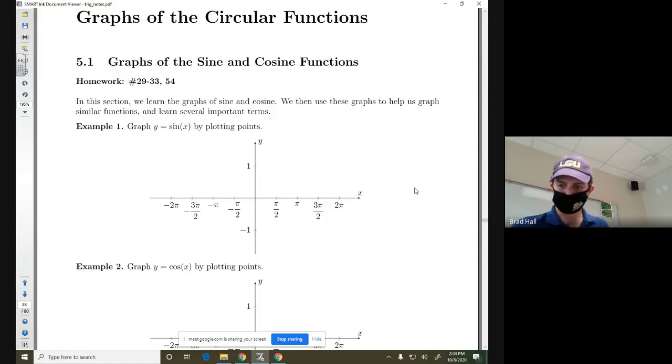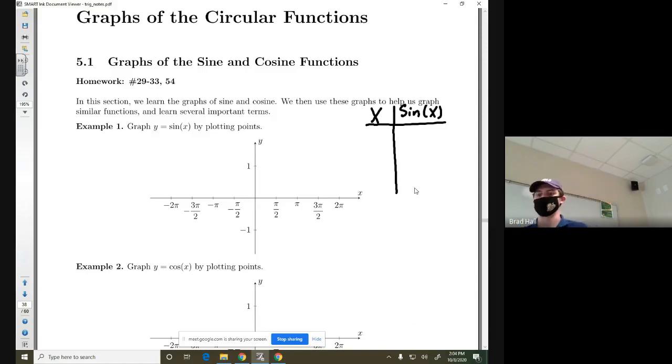So let's consider x and sine. And let's just consider a few values. So maybe we'll do some of the special angles. So 0, pi over 6, pi over 4, pi over 3, pi over 2. And we'll throw in some of the quadrantals as well.